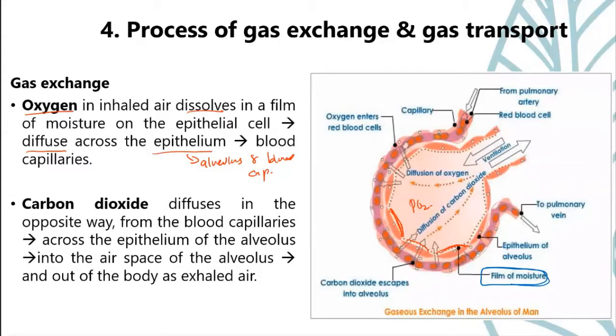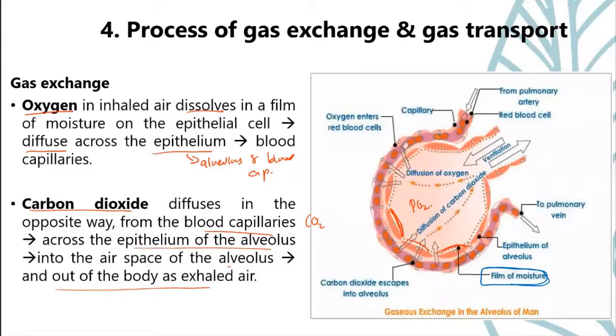For carbon dioxide, it is vice versa. Carbon dioxide diffuses in the opposite way, from the blood capillaries, which have a high concentration of carbon dioxide, across the epithelium into the airspace of the alveolus and out of the body as exhaled air.